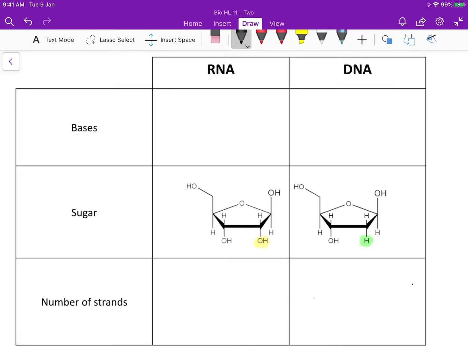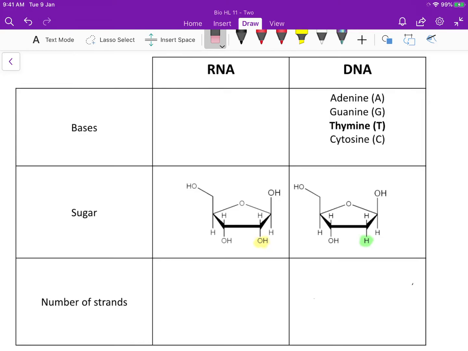But we also have some other differences. In DNA, we have the bases adenine, guanine, thymine, and cytosine.